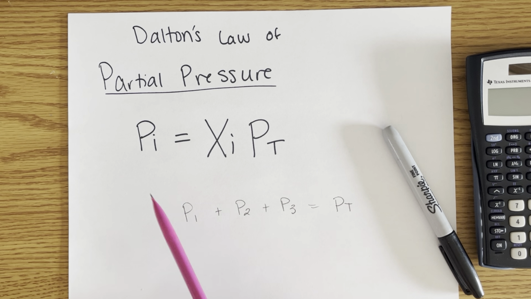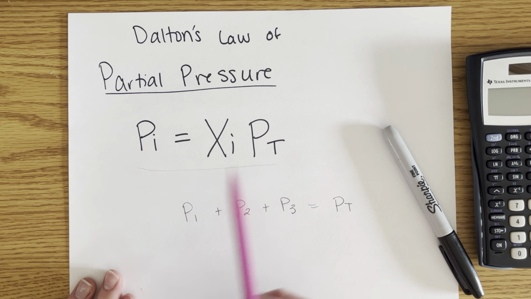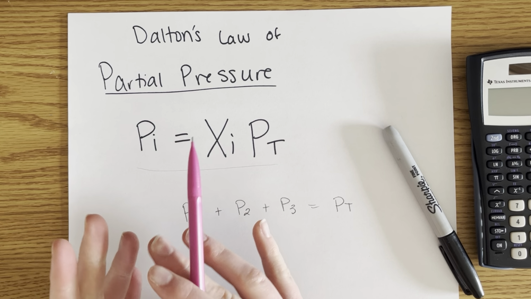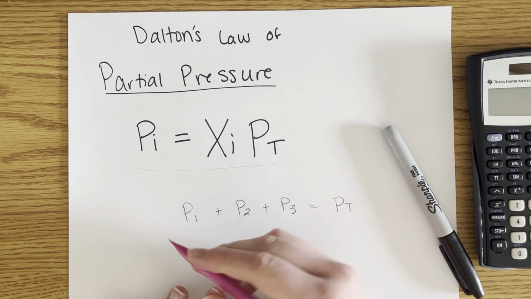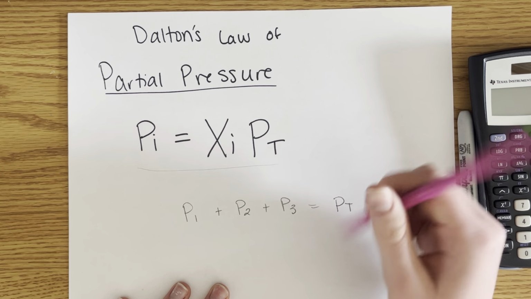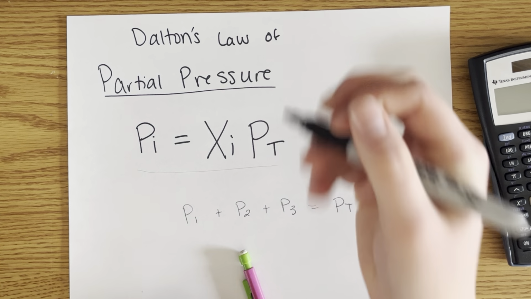So what exactly does this mean? This is a pretty important formula when it comes to solving partial pressure problems. How I look at this formula, if I were to label each of these different variables in the problem, I would immediately go here.